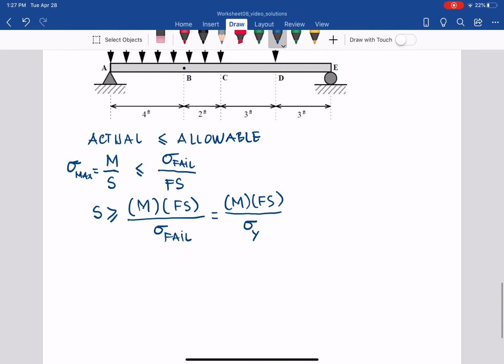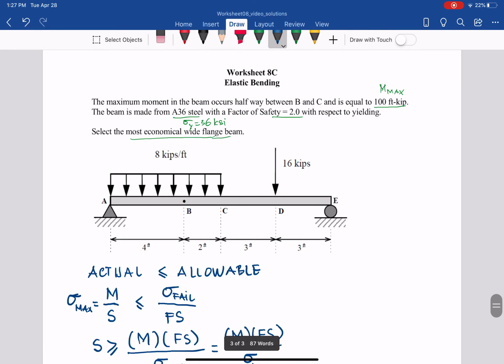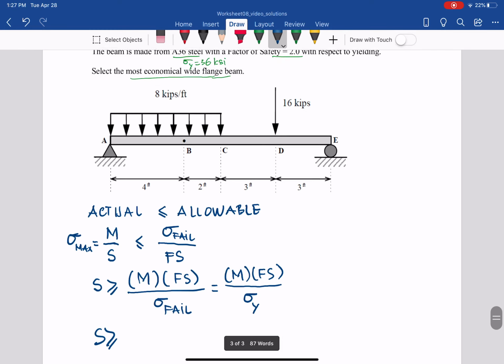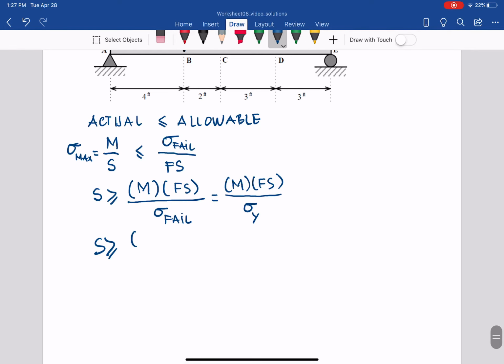From that, all we already know we plug in: the moment given, the maximum internal bending moment, 100 foot-kips. Here we talk about inches, so change that to inch-kips by multiplying by 12 inches per foot.